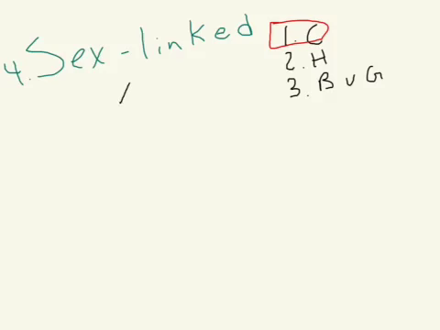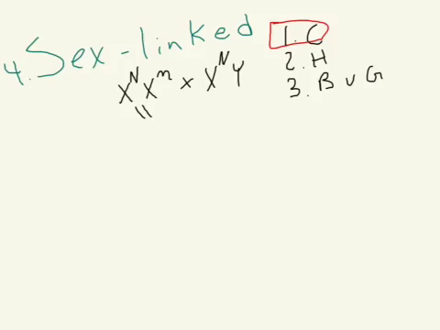Let's say our problem is we have a mother that is, I said mother, so we know we have two X's, right? We have a mother that is heterozygous for being colorblind with a father that is normal. So we're defining our alleles.